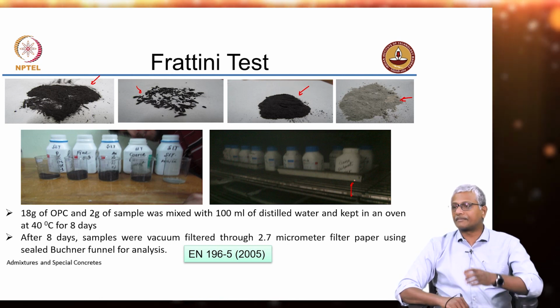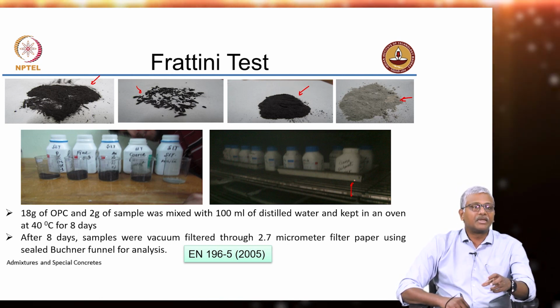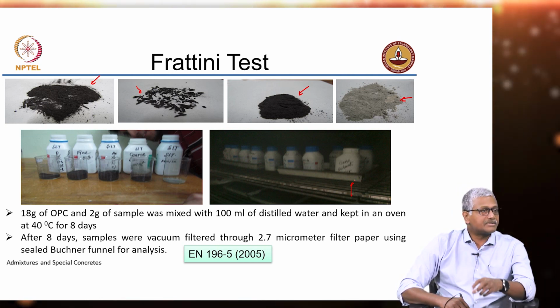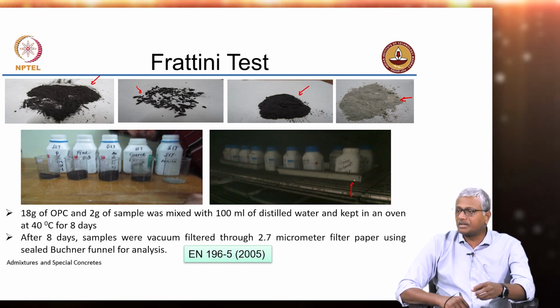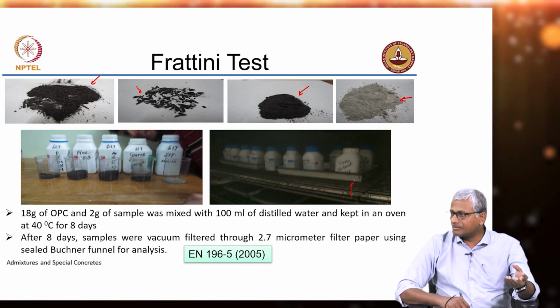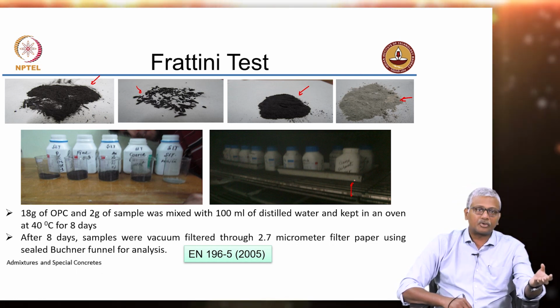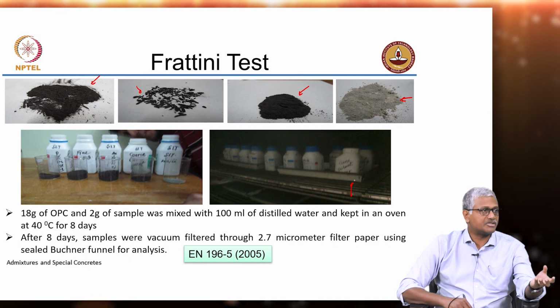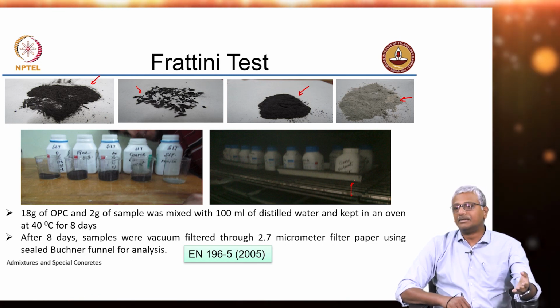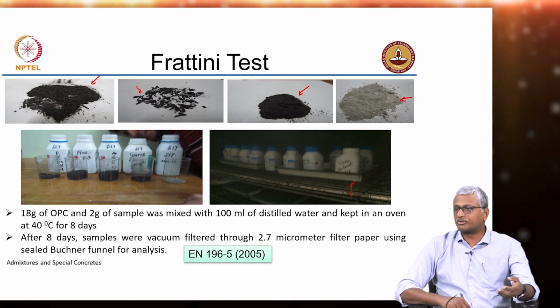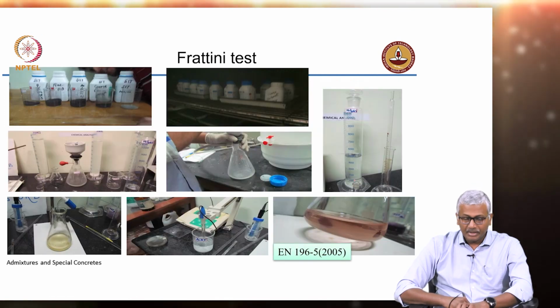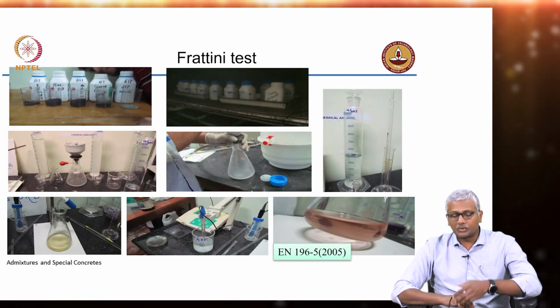The idea is, what is going to happen with time is that the silica from your supplementary material is going to start combining with the calcium oxide from your calcium hydroxide component, or from the cementitious component you have the calcium hydroxide, and that is where consumption of calcium oxide will happen to form the CSH. And okay, these are showing you the basic results.